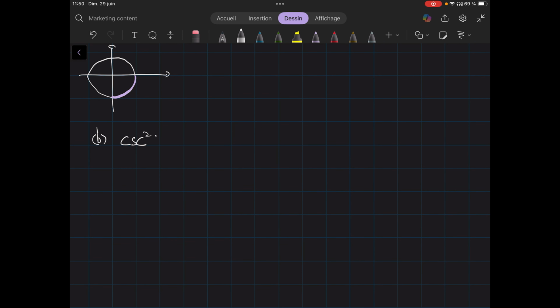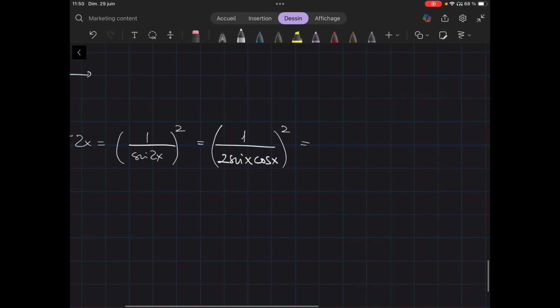Cosecant squared of 2x. Cosecant, that's 1 over sine. So this is 1 over sine of 2x, squared. Sine of 2x, that is 2 sine x cos x. We found the values of sine of x and cos of x.